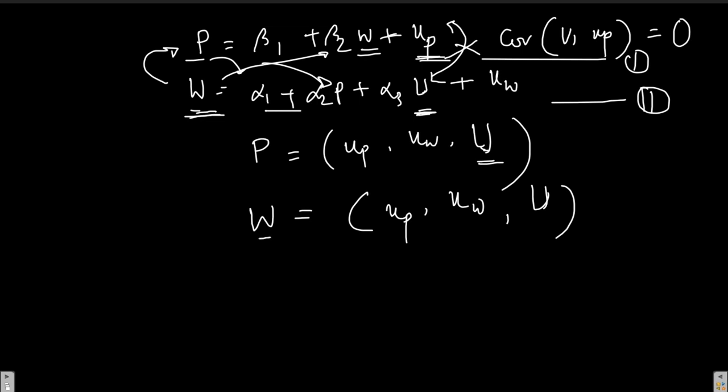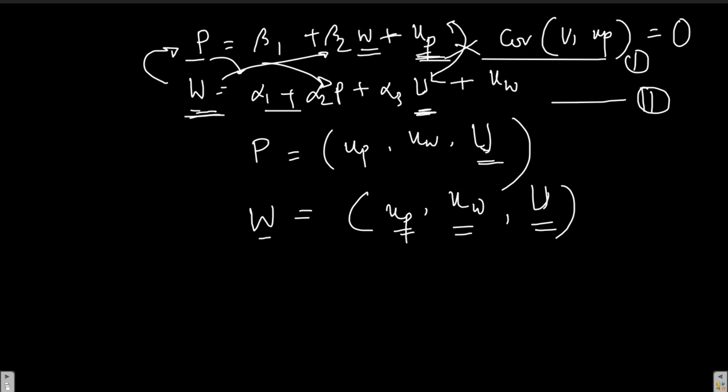So what I'm getting here is u_P instead of P, and I do not have any new exogenous variable here. I only have one exogenous variable, capital U, but that exogenous variable is already present in the model, in this equation of W. So I cannot use U again as an instrument.